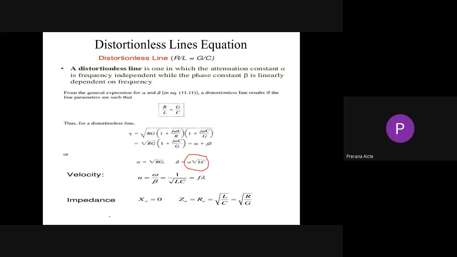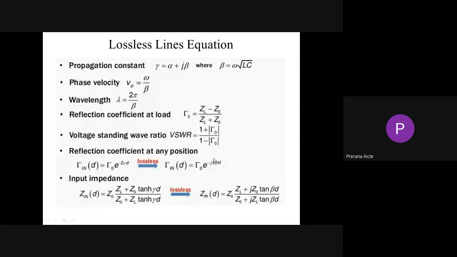Then characteristic impedance Z naught is equal to what? Square root of (R + jωL) divided by (G + jωC). The same thing, you can take the common factor of R and G in the numerator and denominator.